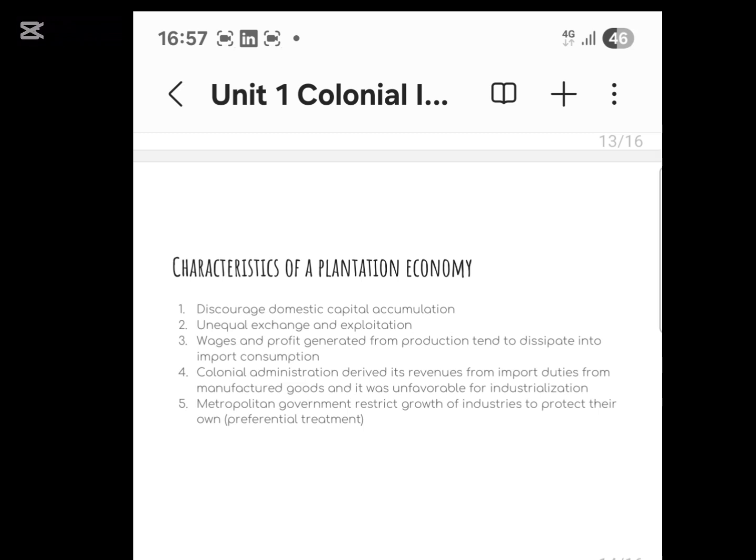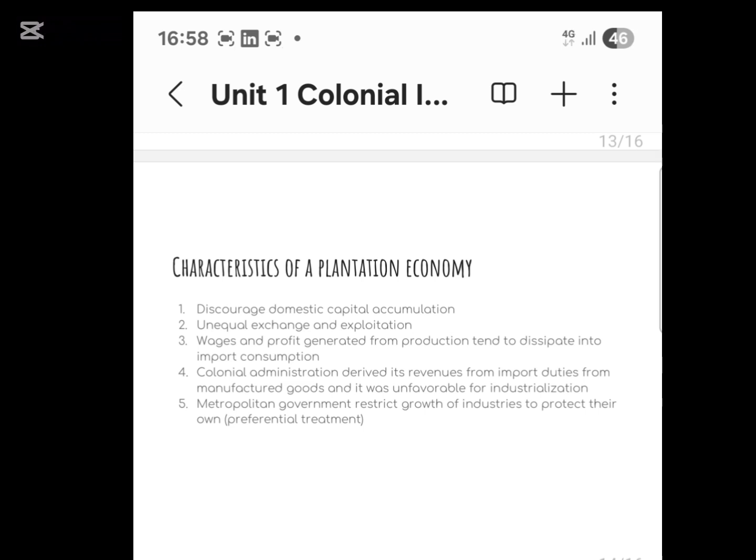Number 4, colonial administration derived its revenues from import duties on manufactured goods, and it was unfavorable for industrialization. The colonial administration depended heavily on import duties, or revenues coming from abroad.